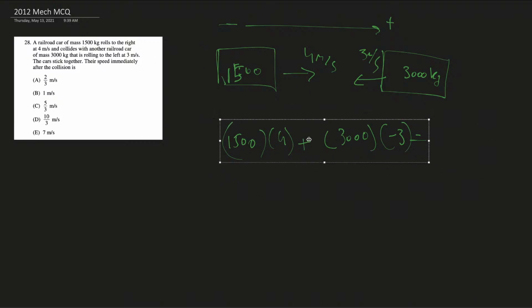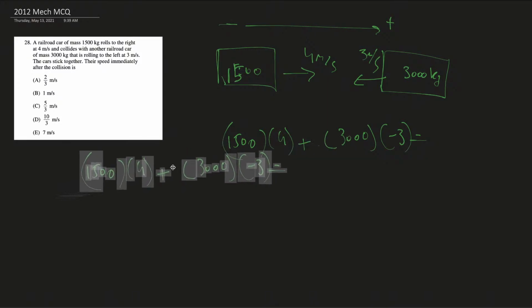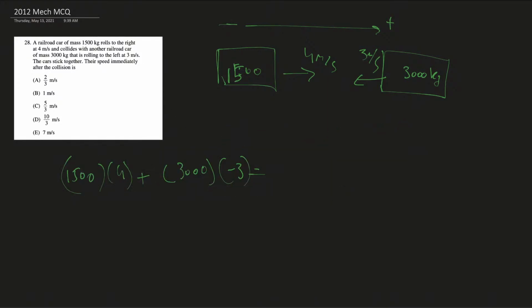we can say that the total mass, both travel with the same speed. So now this just becomes 1,500 plus 3,000, all of this mass together, moving with the final velocity.